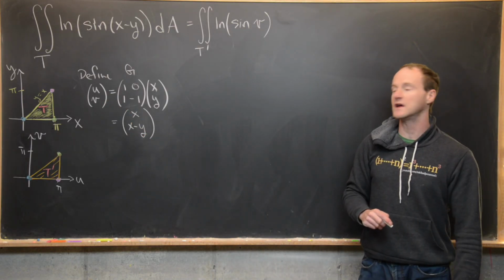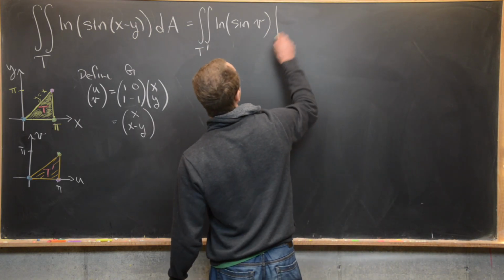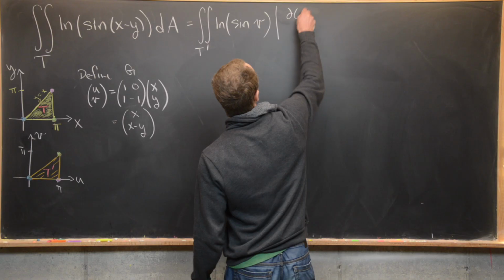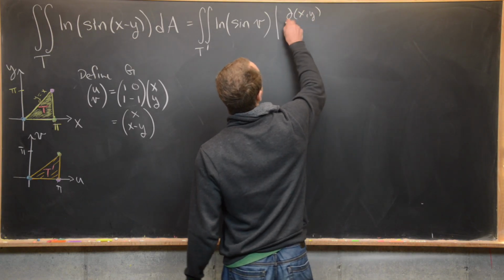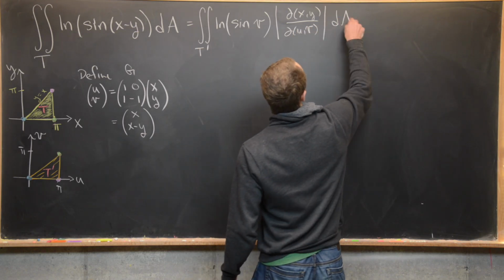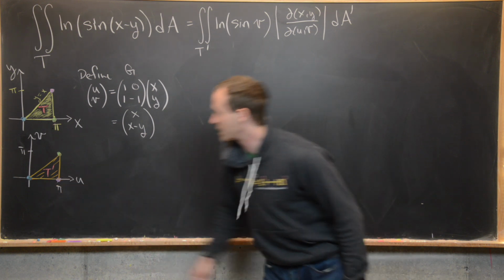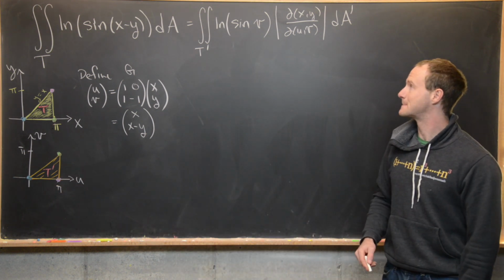And we need one more thing for our change of variables, and that's the Jacobian. So here we need the absolute value of this thing, which is partial (x, y) over partial (u, v), and then we have dA prime, where that's like our differential area component over here in our UV plane.